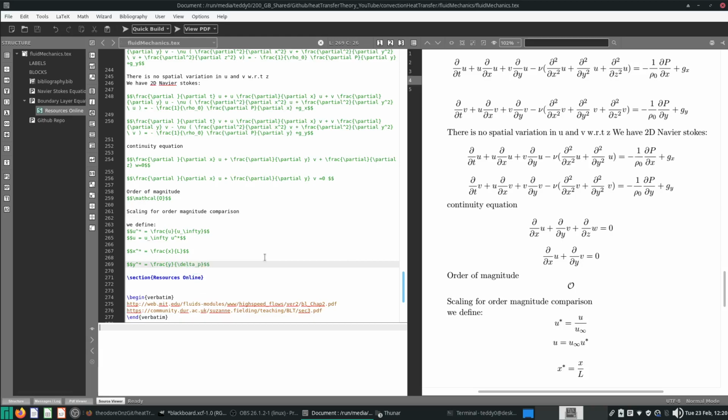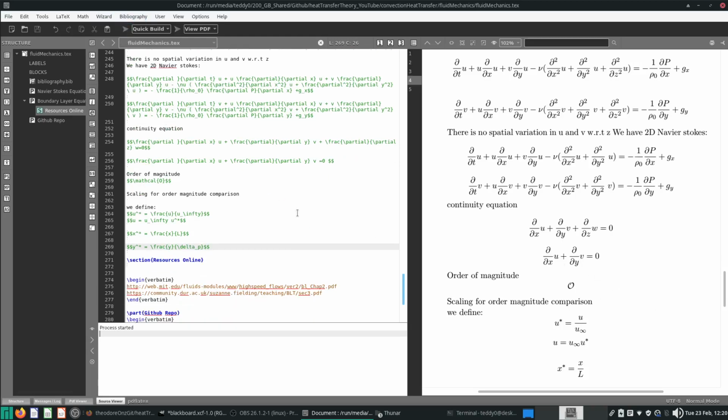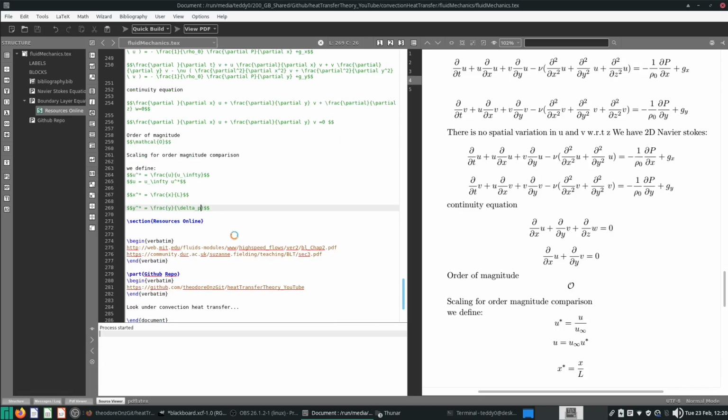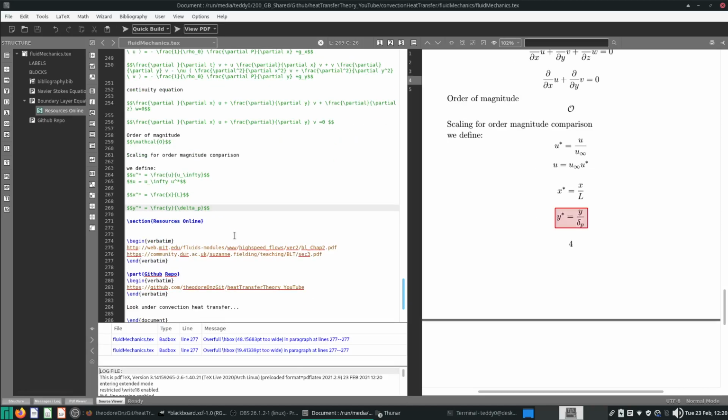I'm going to use the subscript p to denote a momentum boundary layer. Of course, there are other kinds of boundary layers as well. If you do more heat transfer, you'll realize there's a thermal boundary layer as well, but for purposes of this discussion, I'm skipping that. I just want to make it clear that this is a momentum boundary layer, delta p.